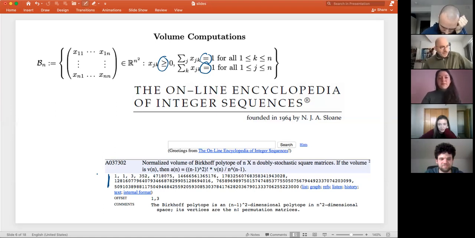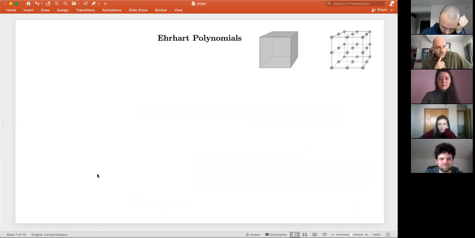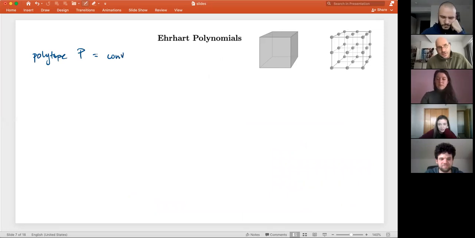So this relates to my next set of polynomials, and these are Ehrhart polynomials. It relates to these kind of volume problems. So I'm starting out with a polytope P. You can think about this as the convex hull of a bunch of points.